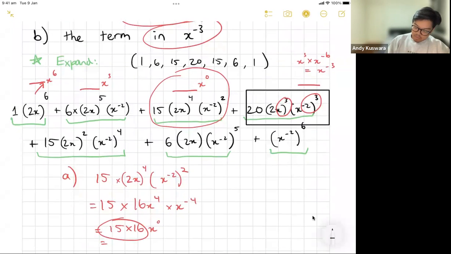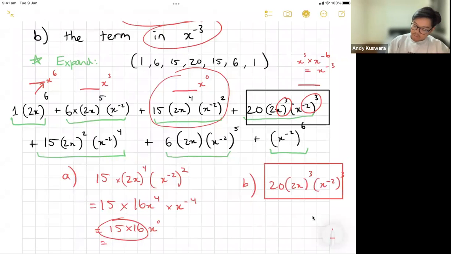So for part B, we just say it's 20 times 2x to the power of 3 times x to the negative 2 to the power of 3, and that there is our term. Okay, those are your answers.